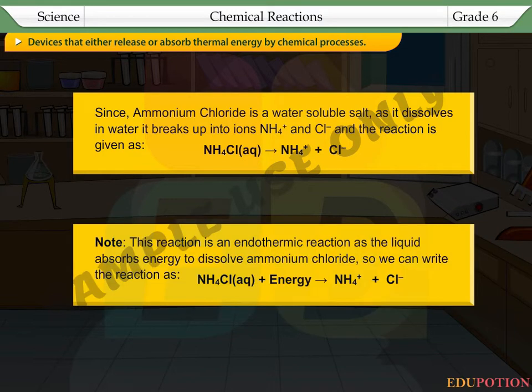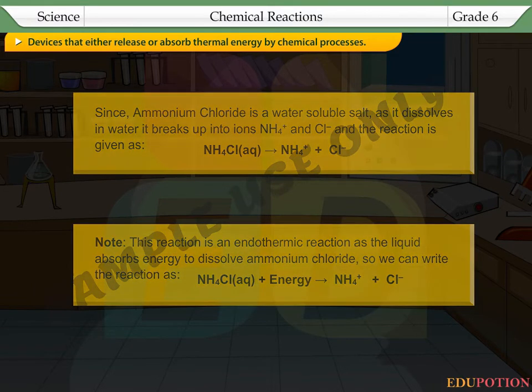Note, this reaction is an endothermic reaction, as the liquid absorbs energy to dissolve ammonium chloride, so we can write the reaction as NH4Cl in aqueous form, that is mixed with water plus energy gives ions NH4 plus Cl minus.